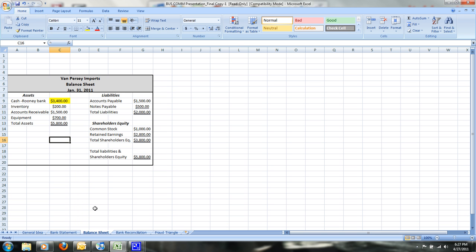You just make those adjustments, and there are several reasons why your general ledger amount might differ from the bank amount. One of the most simple reasons is just errors. You or the bank might have incorrectly recorded a check, say for $76 when it should have been $67, and that would throw it off.